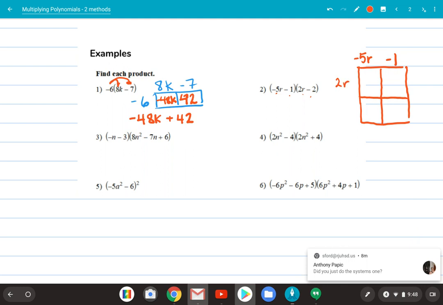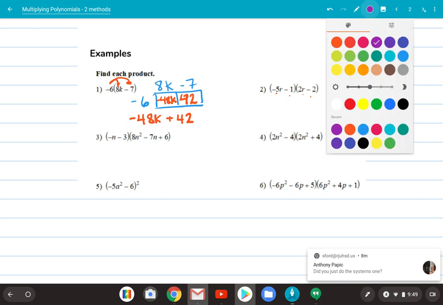And then 2r minus 2. Where they meet, you multiply them. So -5r times 2r, -10r squared, remember, r times r is r squared. -1 times 2r. And then -5r times -2. And -1 times -2 is 2.